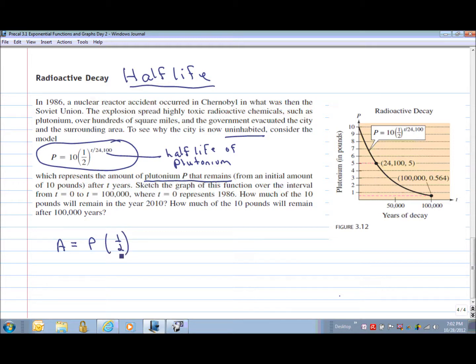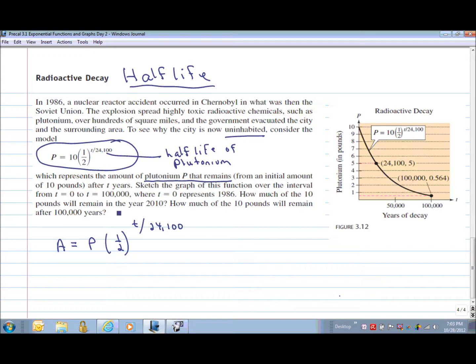It is decreasing, so that would be decaying. And then you're going to raise it to the time in years over its half-life. In this case, the half-life for plutonium is 24,100. That would be different depending on what the particular chemical was.